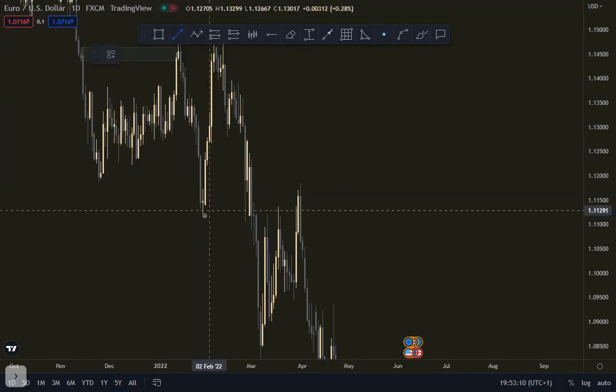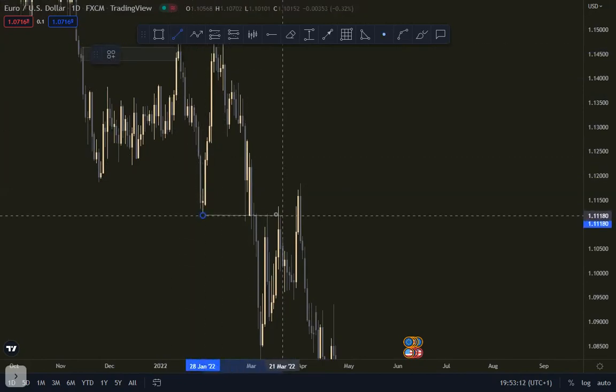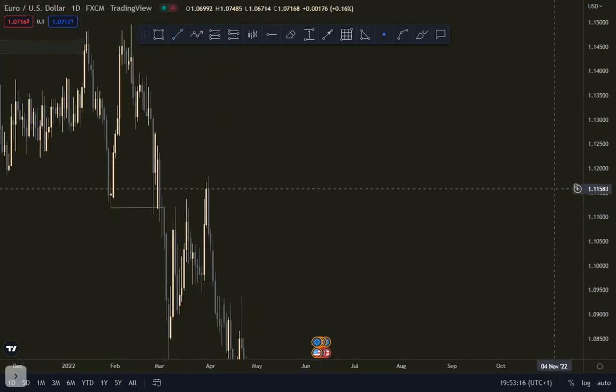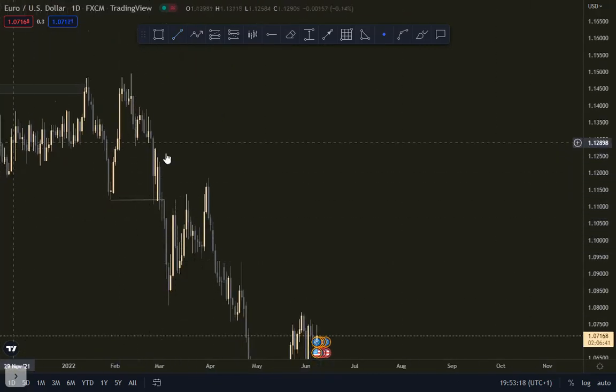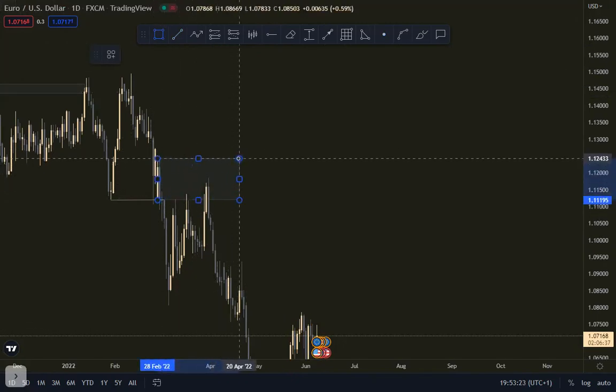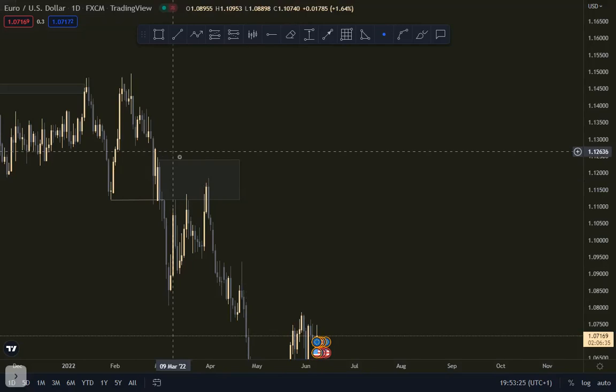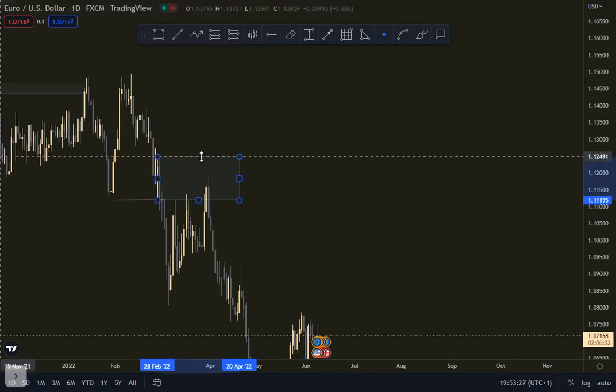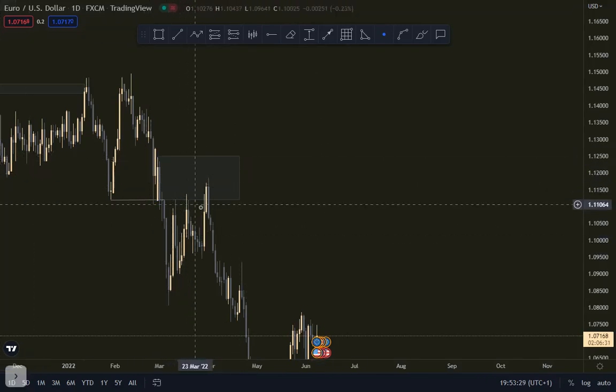So what else are we looking at? We have here price broke structure. So what broke structure? This whole candle, right? This whole candlestick broke this structure.